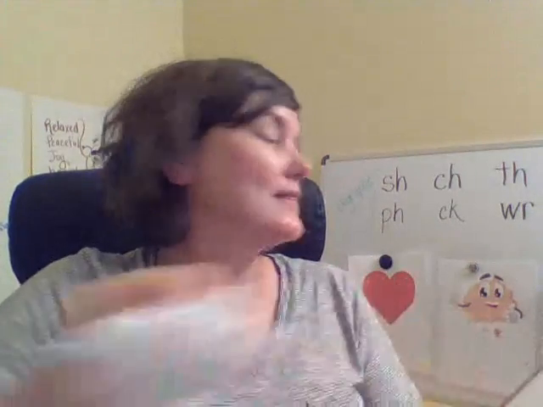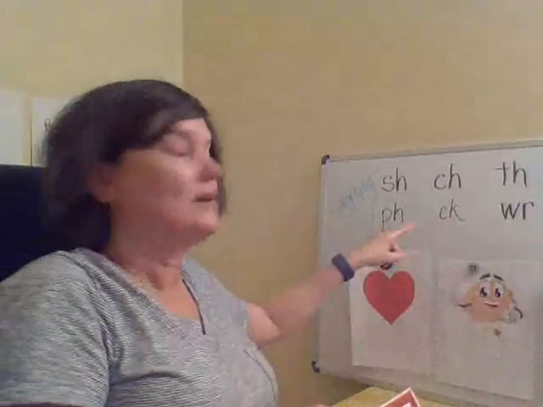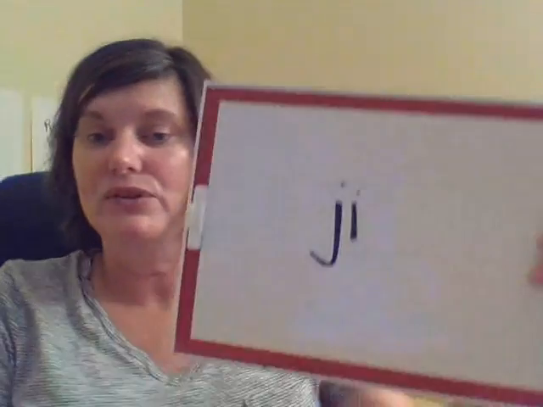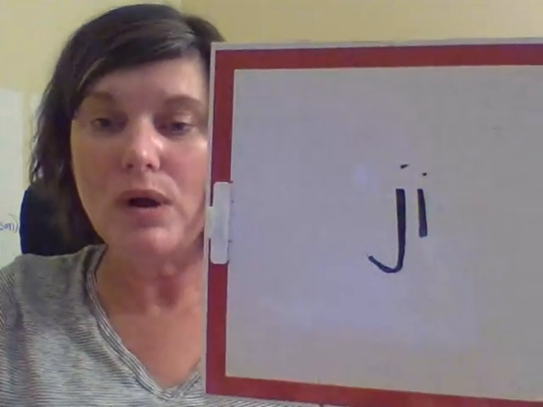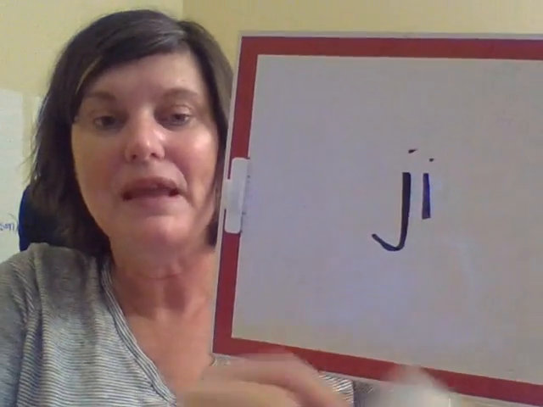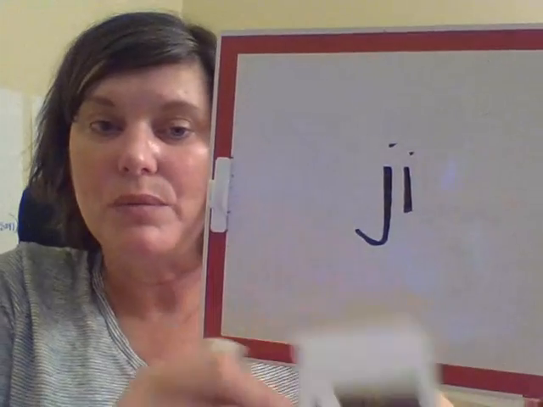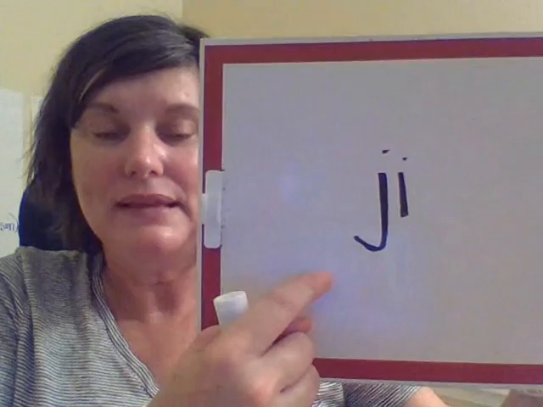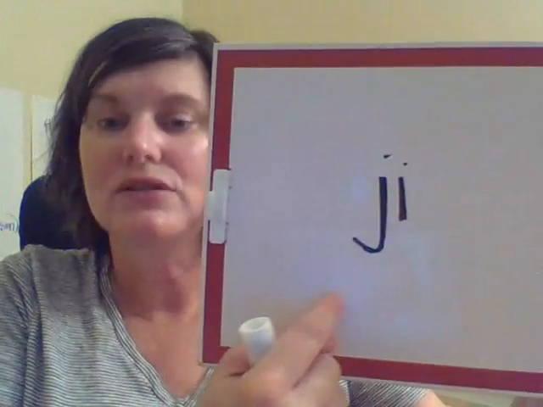Now, what if I take away the digraph? Okay, CK is a digraph because it's two letters that make one sound. When I take that digraph away, what kind of syllable is it? You're right, it's an open syllable, which means the I will make a long I sound. Okay, let's read it. Jai, jai.